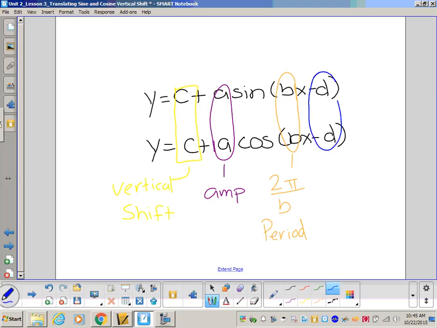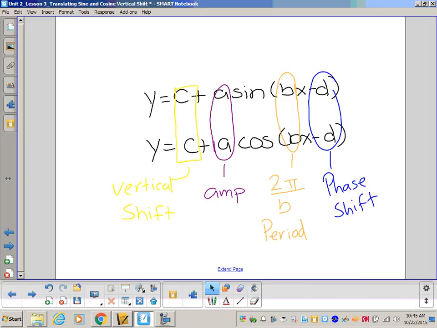And D is the phase shift. So we've handled all those except the vertical shift. So you might also see the vertical shift at the end, so like a plus C at the end.